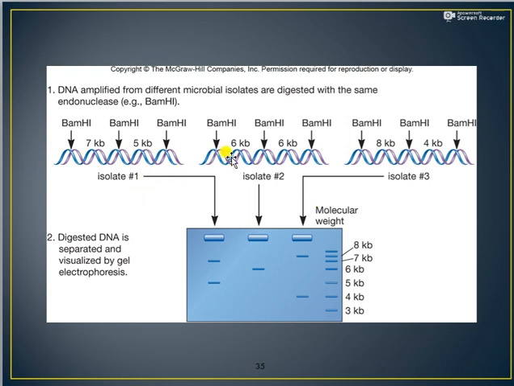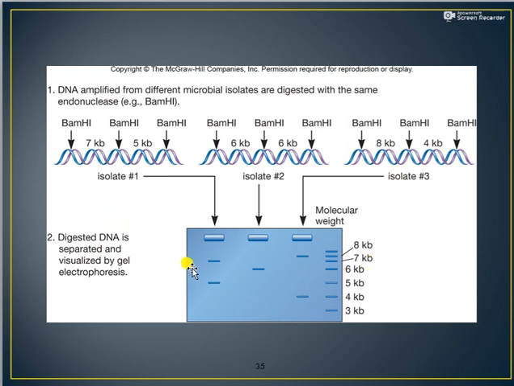Isolate 1, isolate 2 and isolate 3 DNA is taken and cut with a restriction enzyme. In isolate 1 it forms two different bands, in isolate 2 it forms only one band, and in isolate 3 you find two different bands. So like that you will be able to make an implication.